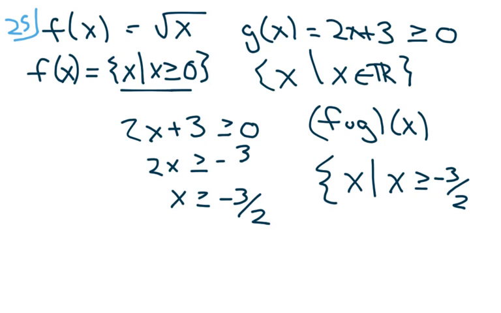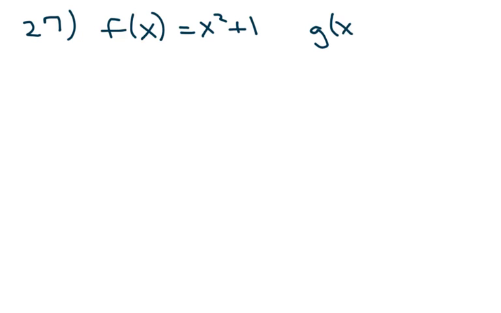Okay? And the last one we're going to do is 27. 27 is f of x equals x squared plus 1, and g of x equals the square root of x minus 1.